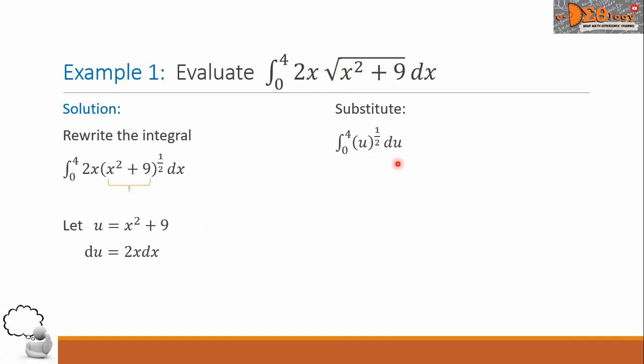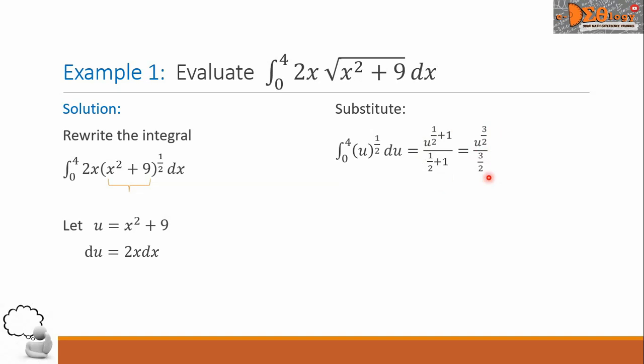Using the power rule, u raised to 1/2 becomes u raised to 1/2 plus 1, all over 1/2 plus 1. The 1/2 plus 1 is 3 over 2. So we write u raised to 3 over 2 all over 3 over 2.